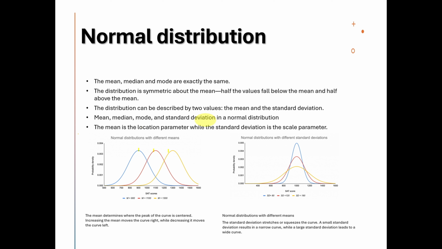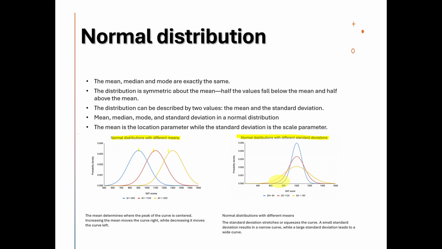Mean, median, mode and standard deviation in a normal distribution. The mean is the location parameter while the standard deviation is the scale parameter. This example is a normal distribution with different means. This example is a normal distribution with different standard deviations. Whenever we change the standard deviation, the curve goes up or down.